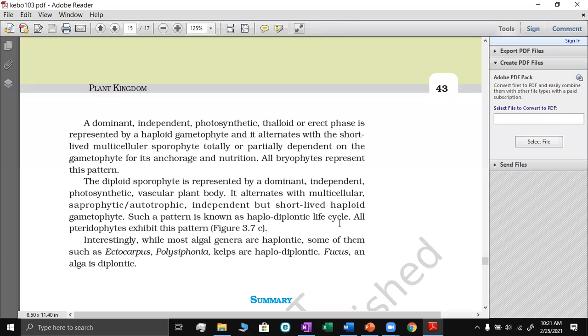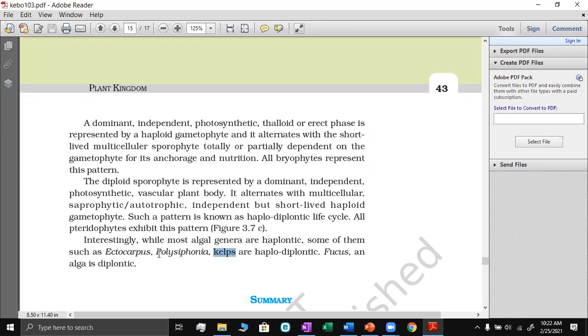Some members of the algae like Ectocarpus and Polysiphonia exhibit the haplodiplontic life cycle. In these algae, a haploid plant is there, and a diploid plant also is there.